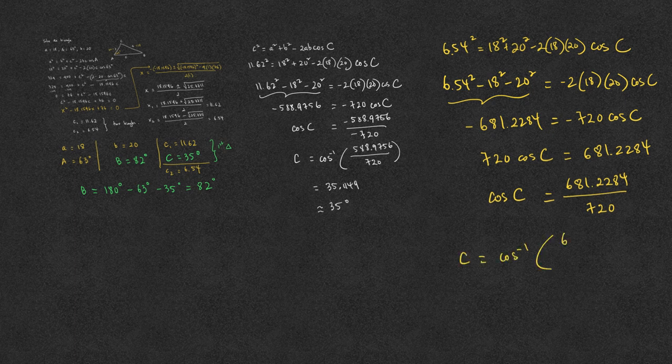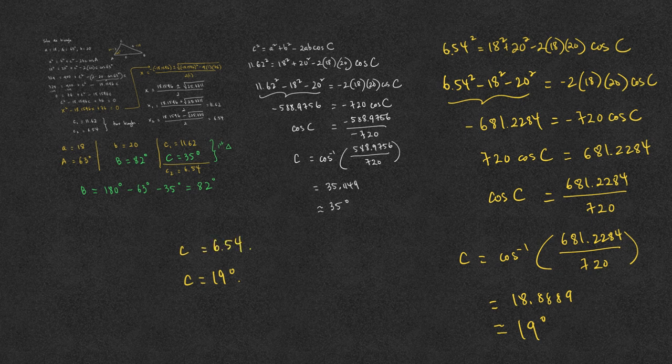Cosine inverse of 681.2284 divided by 720 is approximately 18.8888, or simply 19 degrees. And so for the second triangle, the angle C is 19 degrees, corresponding to the length c equals 6.54.